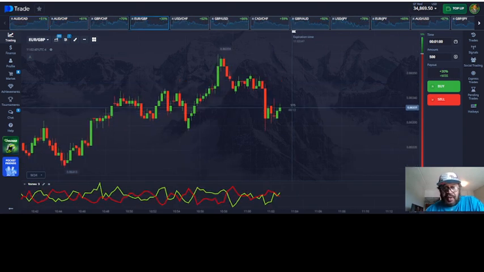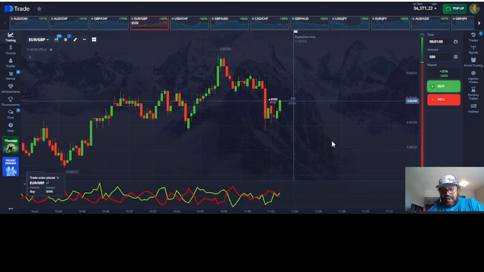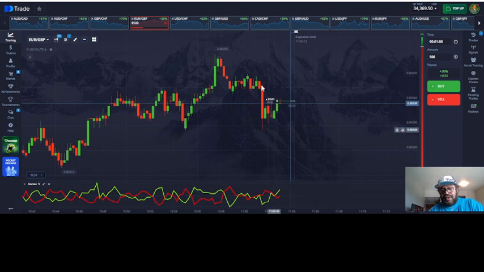Okay, all right, so I'm on the Euro Great British Pound, and I'm going to go ahead and take a buy trade here. The reason I took the buy trade is I noticed the cross of the green vortex line and the red vortex line here, the green vortex crossing above the red in an upward direction, suggesting a bullish reversal occurring right here.